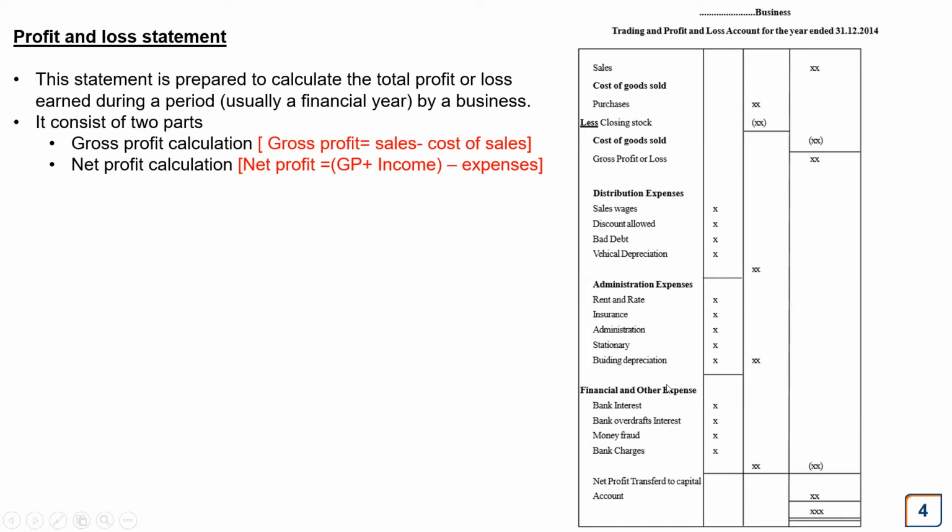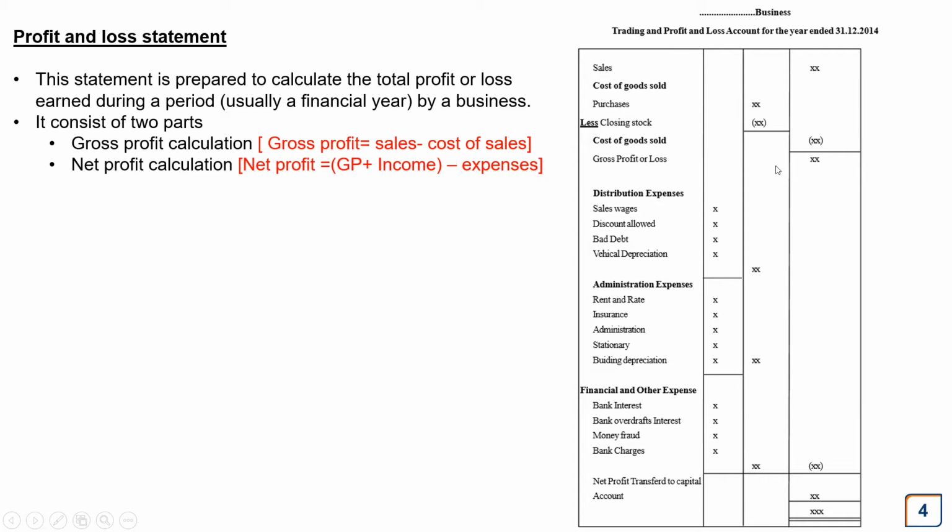This is the format of the profit and loss statement. We write the business name and then the account name, trading and profit and loss account for the year ended, and the date. Initially we calculate the gross profit or loss by deducting cost of goods sold, or cost of sales, from the sales value, right?